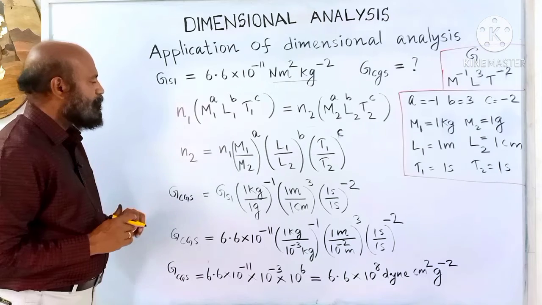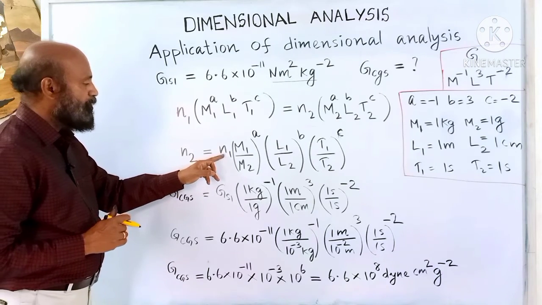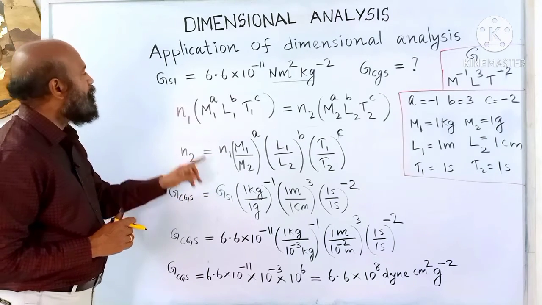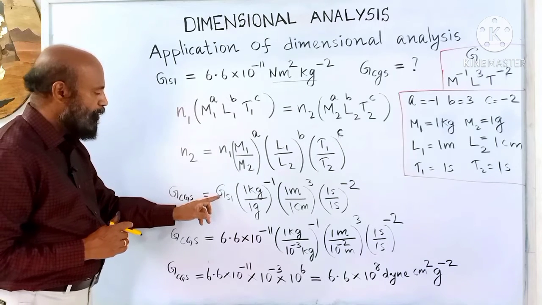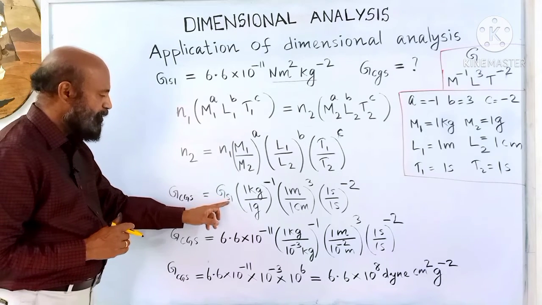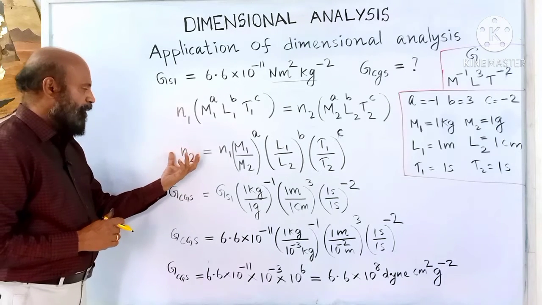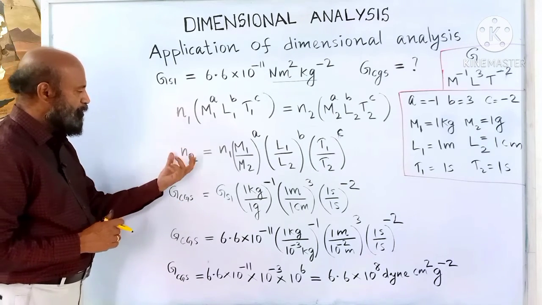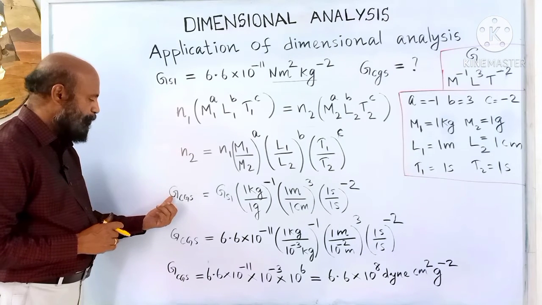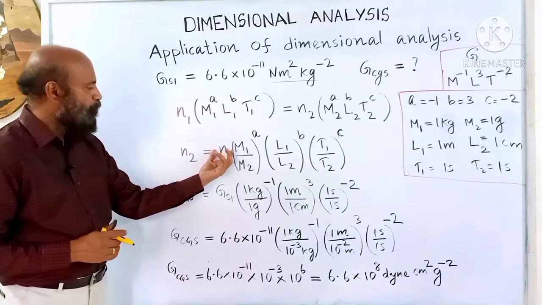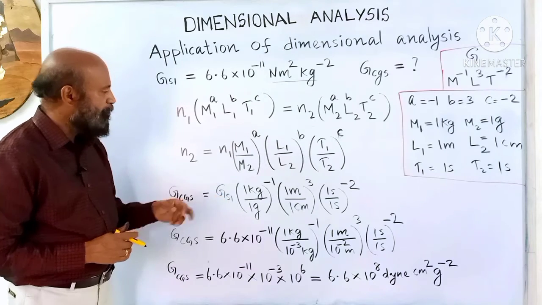N1 is the numerical value in the first system. The first system is SI, the numerical value of the gravitational constant in the SI system. We have to get the value of the gravitational constant in the CGS system. For N2 we can write capital G CGS, N1 we can write capital G SI.